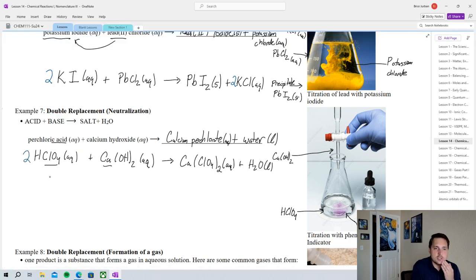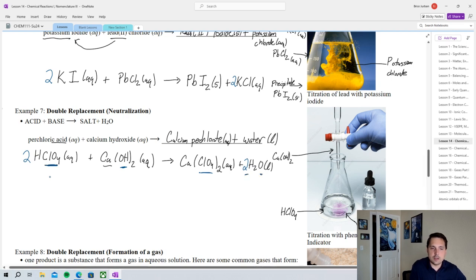We'll need 2 acids for every 1 base, because this base here has 2 hydroxides with it. And as a result, we'll end up getting 2 waters that form here. Okay, we can see that if we just look at this as 1 unit here, I have 2 of those units on the left and 2 now on the right. And I look at these hydroxides here, there's 2 oxygens from those hydroxides, and those end up right there.